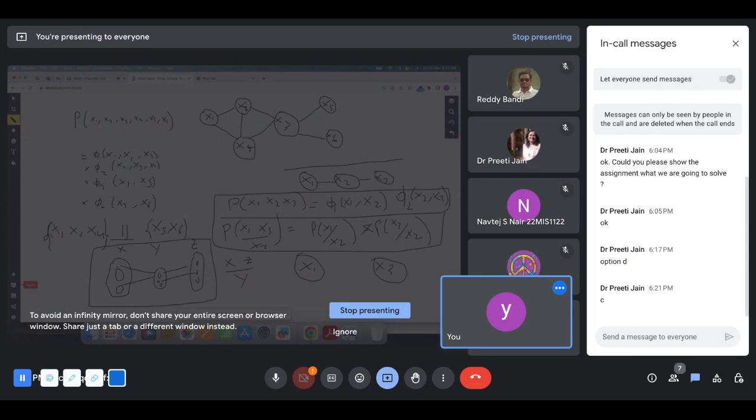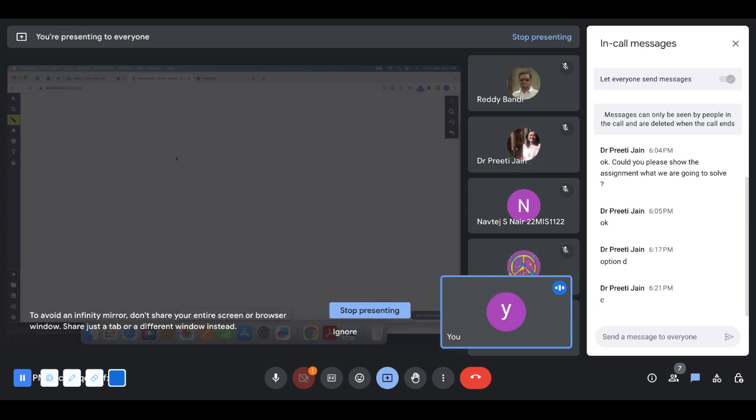So we have A, B, C, D, connected. So basically, any factorization, right?